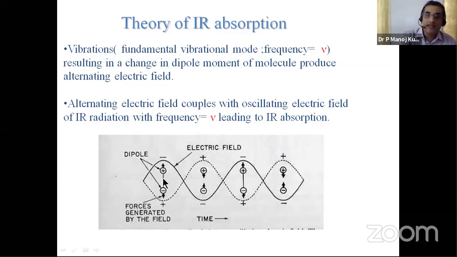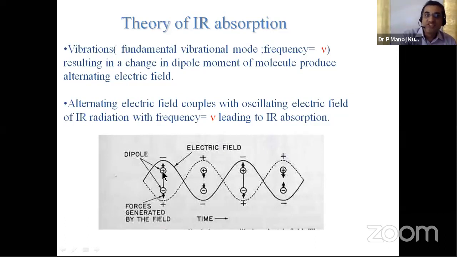So what happens when the distance between these two atoms increases and decreases? There is always a dipole moment that is resulting. We call it a dipole moment because when two equal and opposite charges are separated by a distance, you call it a dipole. So this is in fact a dipole. And the dipole moment goes on changing when these atoms are coming closer, moving away, coming closer and moving away.